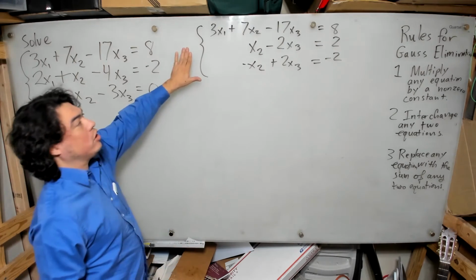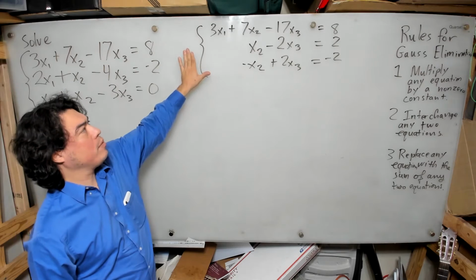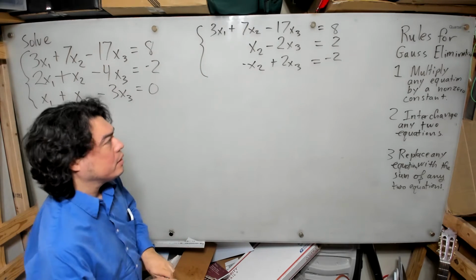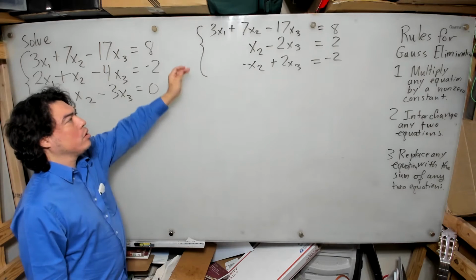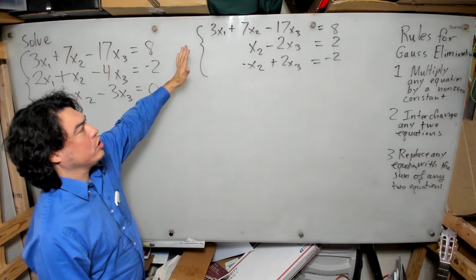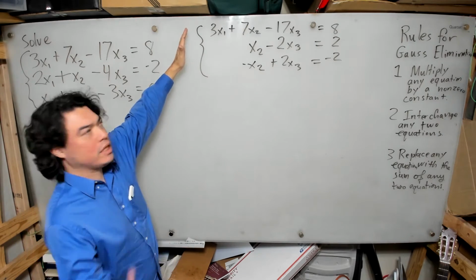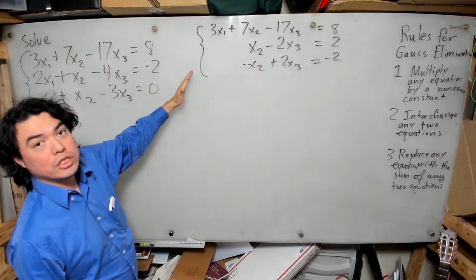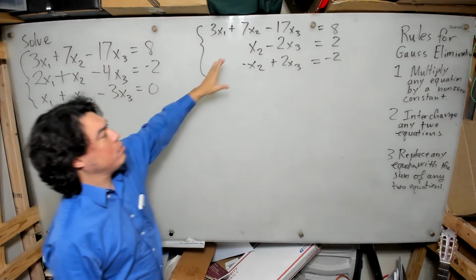And so here's our system that we had gotten. I just copied it over here so you don't have to watch me erasing it. Now, as I mentioned earlier, the top equation is going to stay the same. The second equation is going to stay the same. But the bottom equation is going to be replaced with the sum of these two equations.